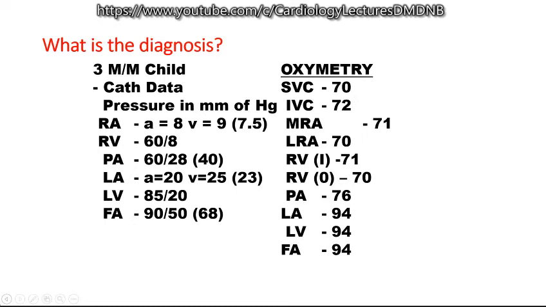But since they do not have a communication between the right and left coronary arteries, the oxygen step up at the pulmonary artery is not possible. So here, the most likely diagnosis is an AP window with LV failure, and the patient has even started developing significant pulmonary vascular resistance, which has gone up.